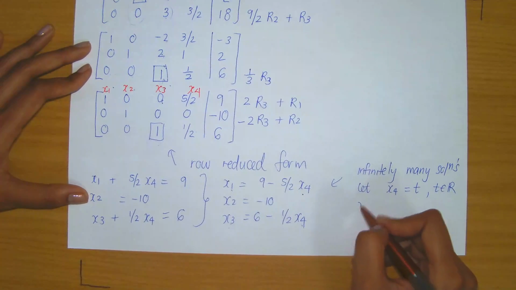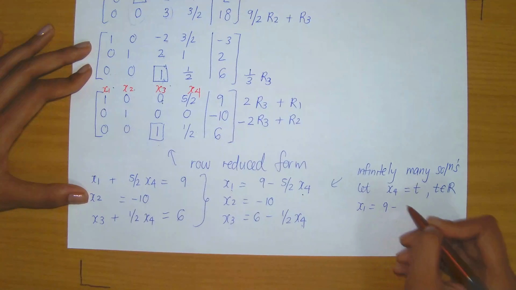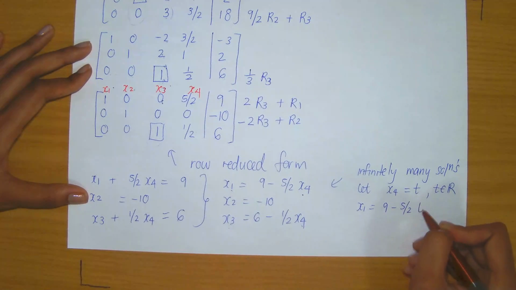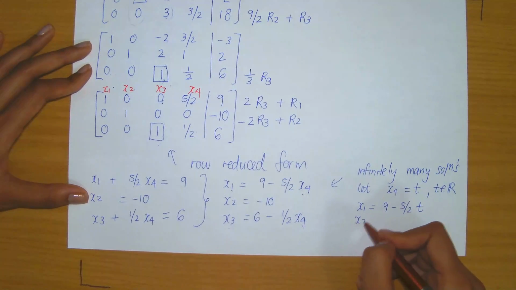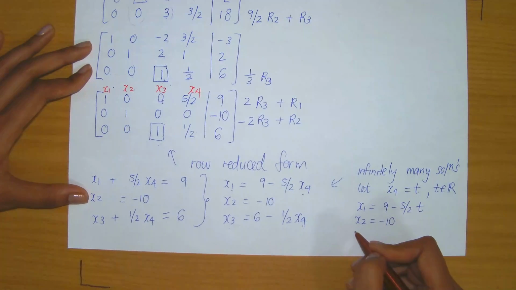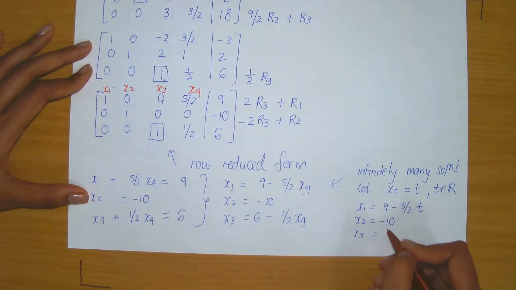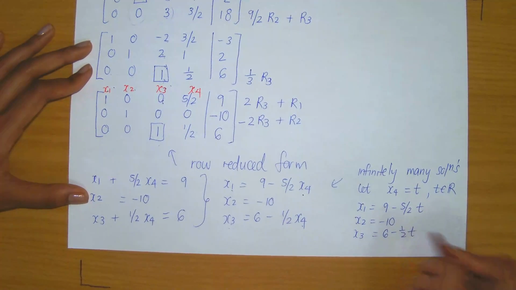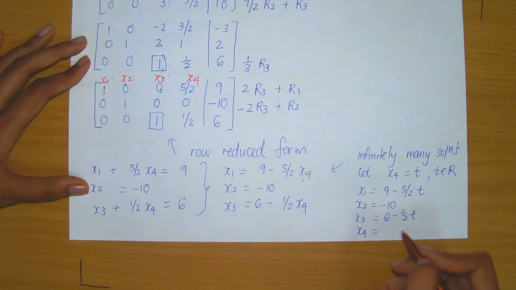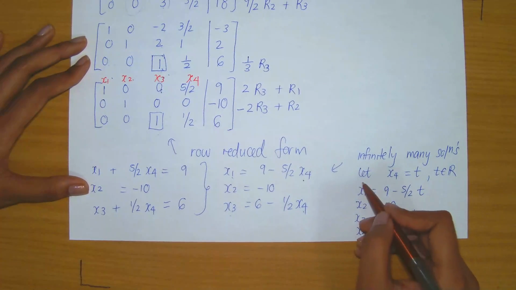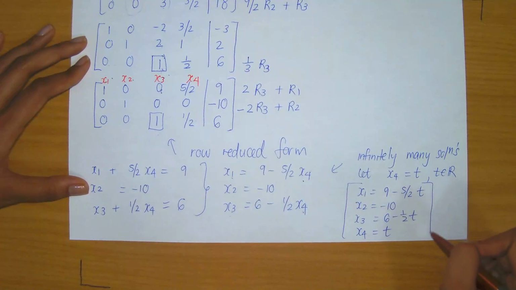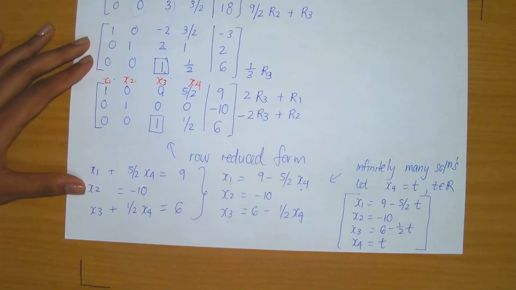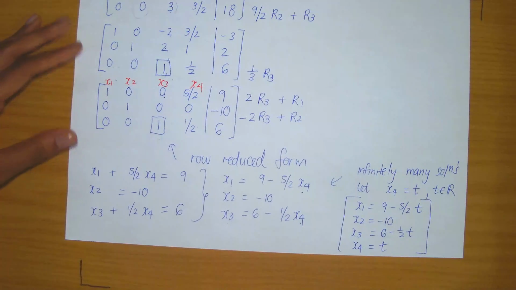And then we see that x1 equals 9 minus 5 over 2 t. x2 is just minus 10. x3 is equal to 6 minus a half times t. And of course x4 is t. So this now becomes your solution for the system that we were solving. Right, and this is where I'll end.